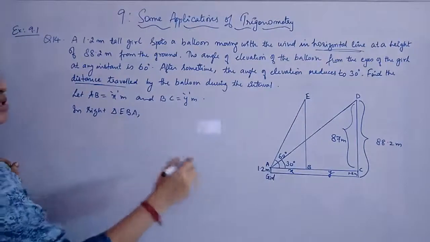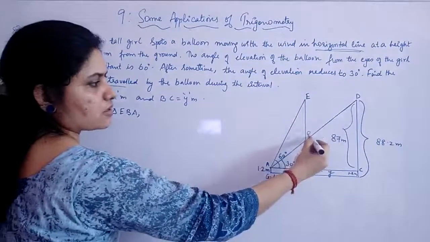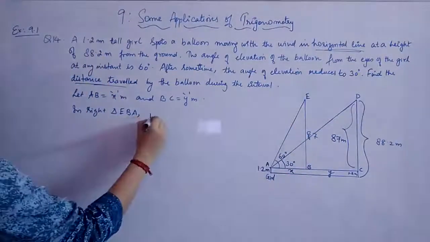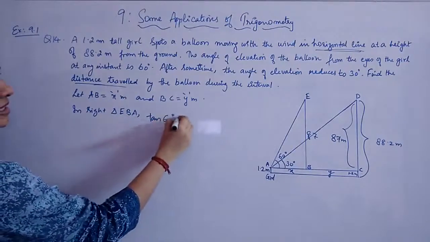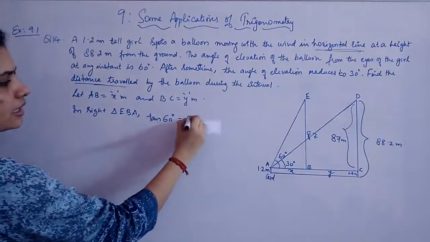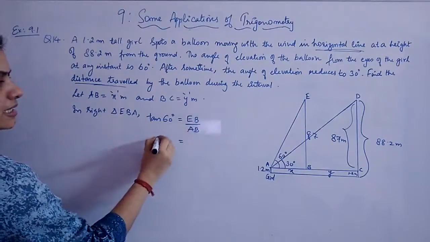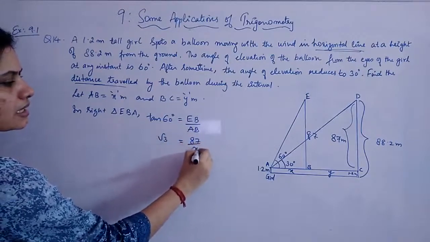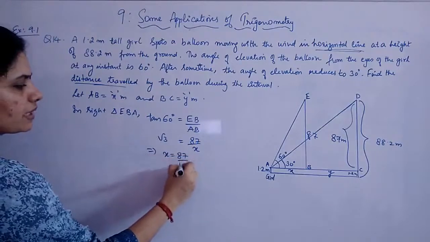Again, we are finding out what we have. This is 87, meaning this is also 87. So we have the opposite side and adjacent side, so we start with the tan trigonometric ratio. So tan 60 degrees is equal to EB by AB. What is tan 60? Root 3 is equal to EB, which is 87, and AB, which is taken as x. So you are getting x is equal to 87 by root 3.